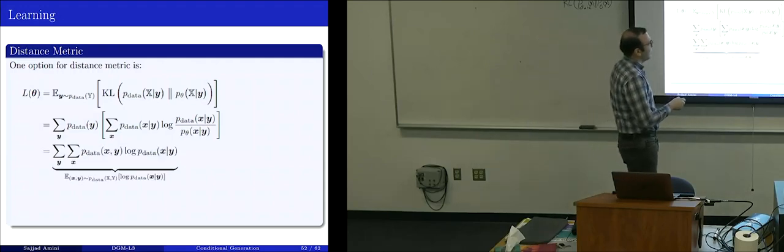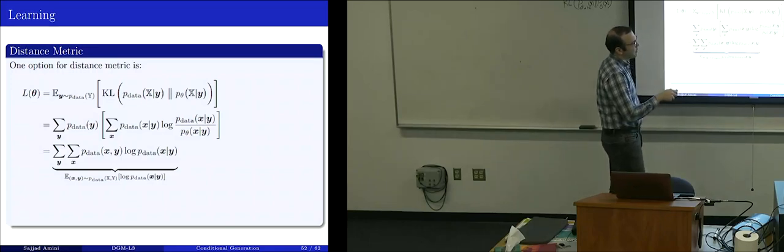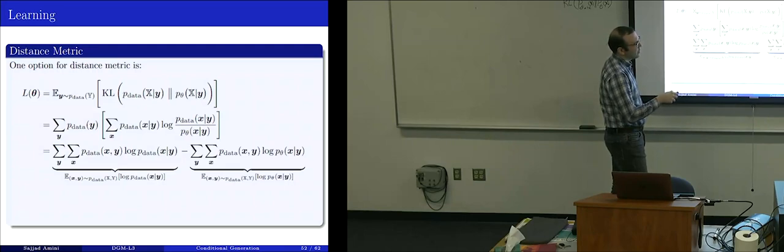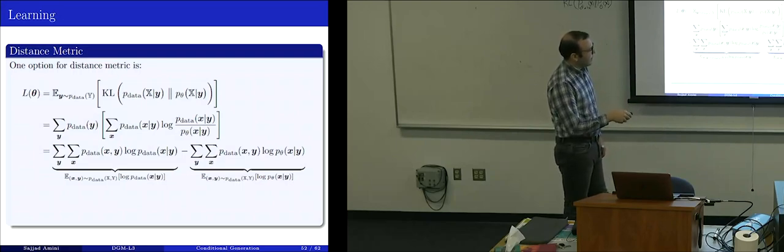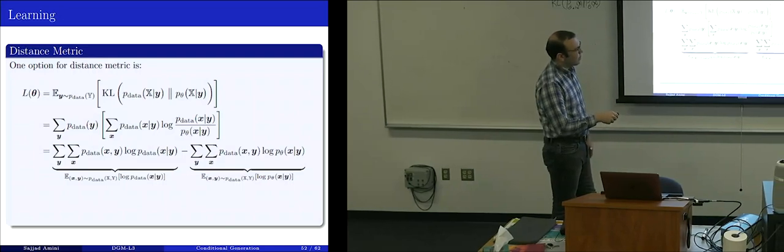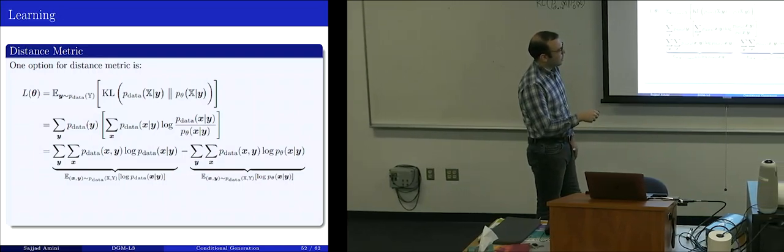So if we transfer the logarithm of the ratio into the logarithm of the numerator minus the logarithm of the denominator, we have these two terms. What happens here? Exactly similar to the previous case for unconditional modeling, the first term is independent of your model.